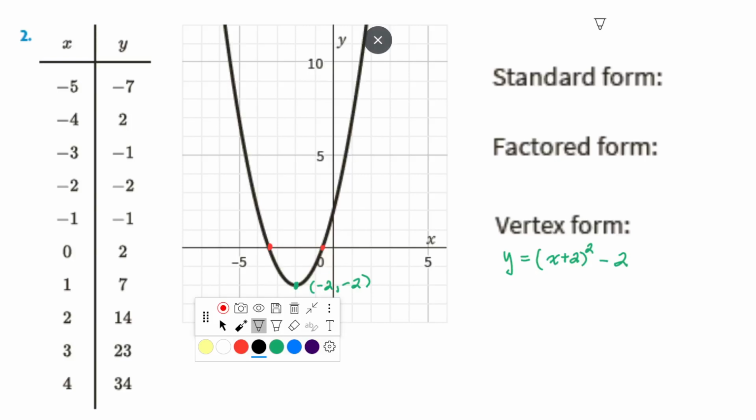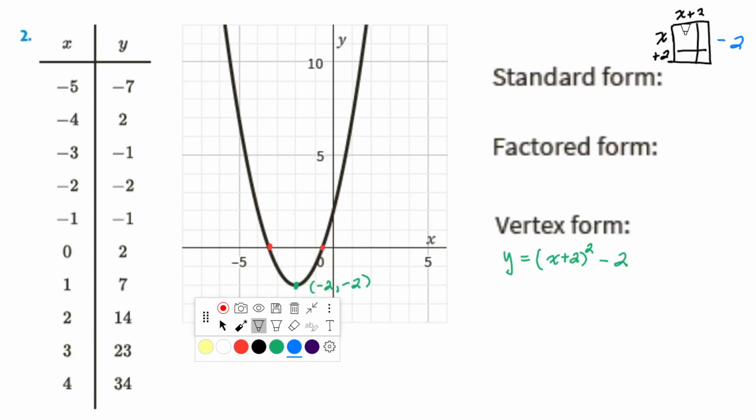So the standard form will be, well, first I'm going to draw an area model. x plus 2 squared means I'm going to take x plus 2 times x plus 2. But we also have the minus 2 units that we have to use. And actually, I'm going to put that minus 2 in the color that I'm going to use for my standard equation. So that's the minus 2 units from our vertex form.